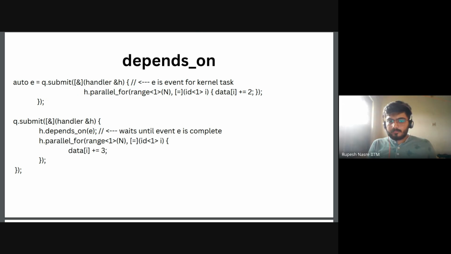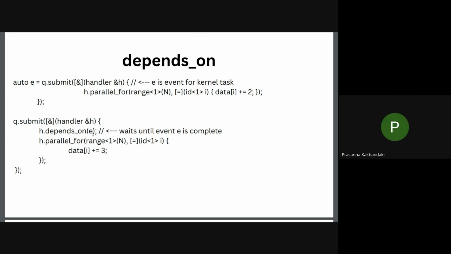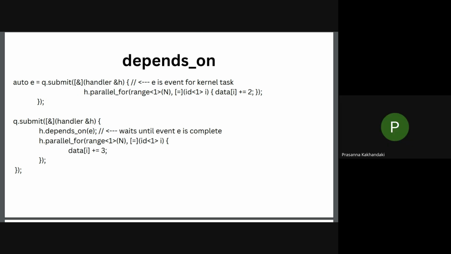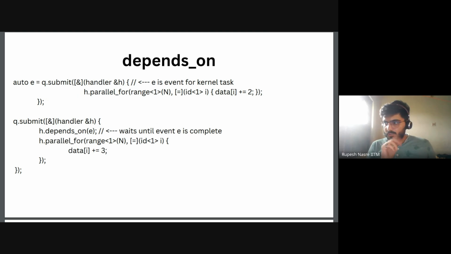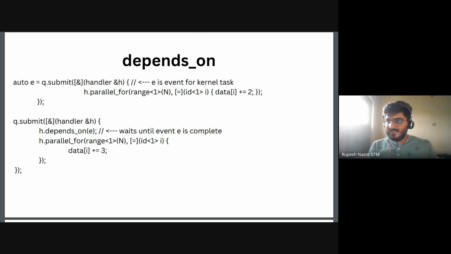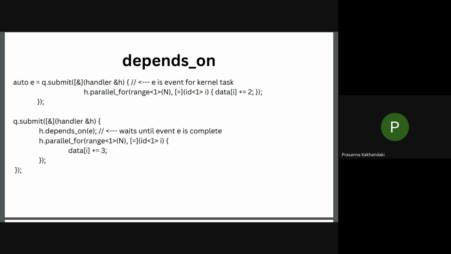When you say wait for the event to complete, you are getting the dot wait also, right? Yes, I got wait. But how is the order ensured? Could you clarify your question? Maybe with a real example, I can understand.